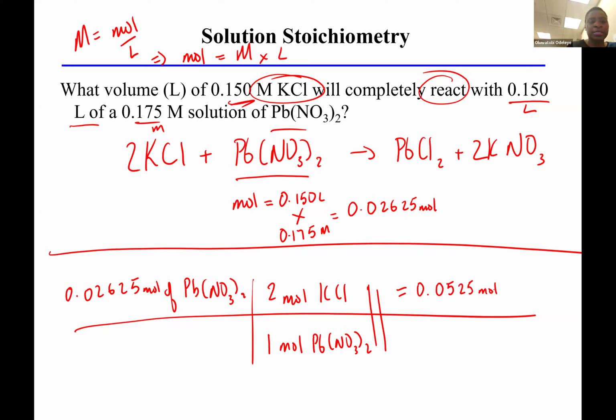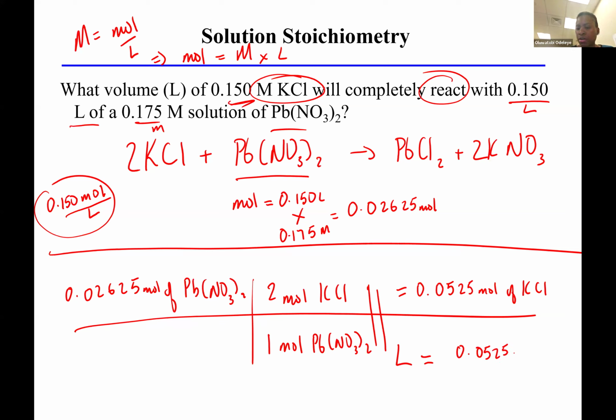Actually, sure, why not? And so 0.150 moles per liter is what I have of that, okay? So I have that many moles of KCl, but my volume, big L, is going to equal 0.0525 moles of KCl divided by my concentration.